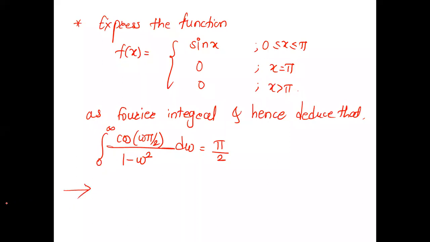Okay, so now read the question properly. Express the function as Fourier what? We have seen Fourier series, we have seen Fourier integral, we'll see Fourier transform. We have also seen Fourier cosine and Fourier sine series, Fourier cosine and sine integrals, and transforms too.